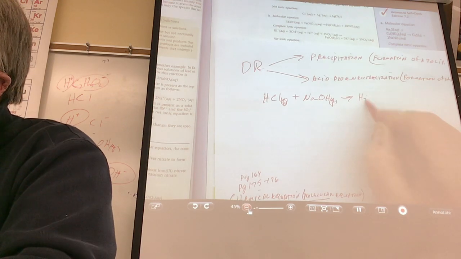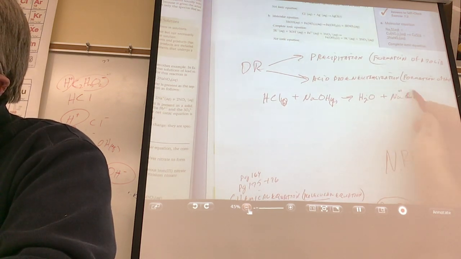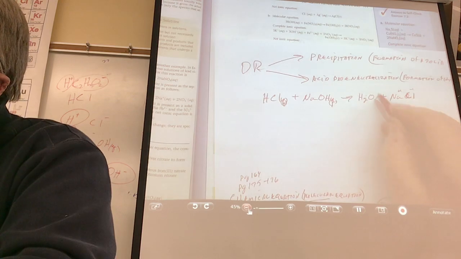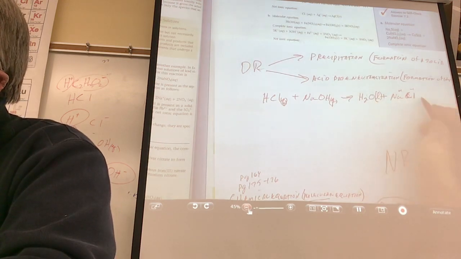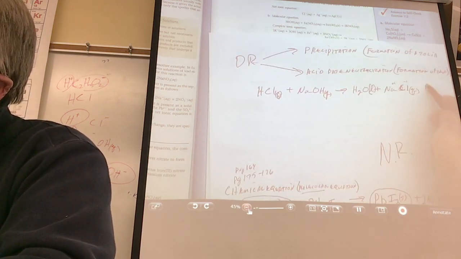HCl and NaOH gives H2O and NaCl. And this is water. That's liquid. And I look, all sodium compounds are soluble in water. And oh, it's already balanced.